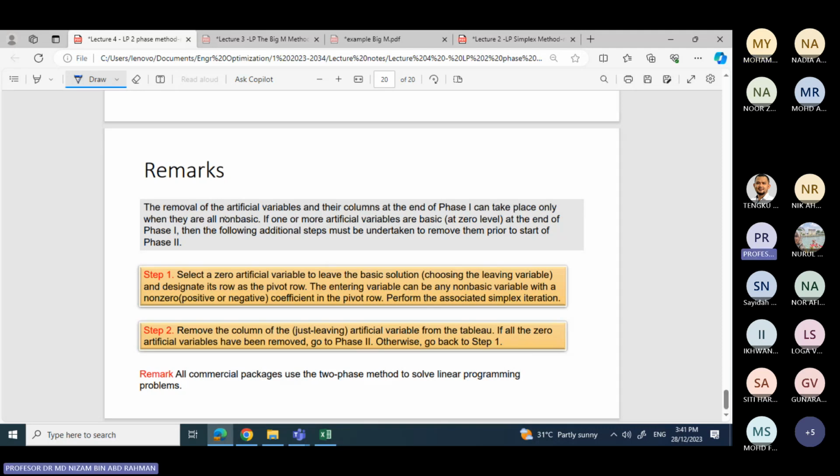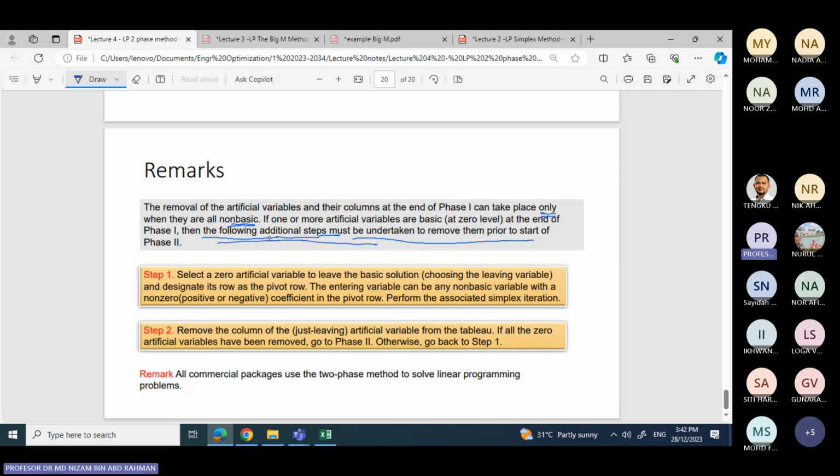The removal of artificial variables and their column at the end of phase 1 can take place only when they are all non-basic. Right? If one or more artificial variables are basic at 0 level at the end of phase 1, then the following additional step must be undertaken to remove them prior to the start of phase 2.